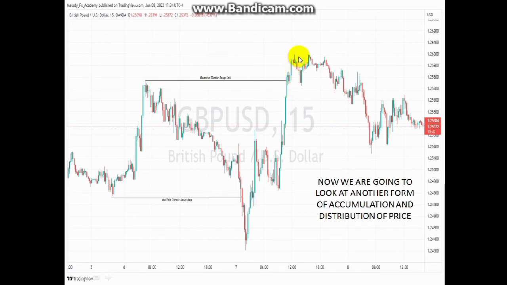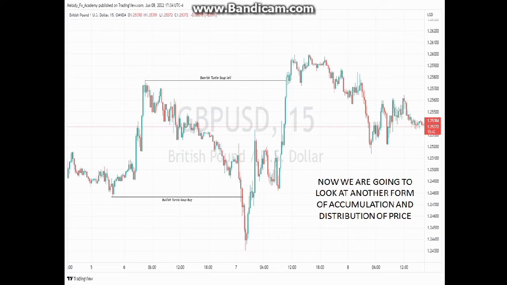This is the classic smart money distribution and accumulation of price that most of us are familiar with. The concept of run on liquidity, we are much more familiar with that.